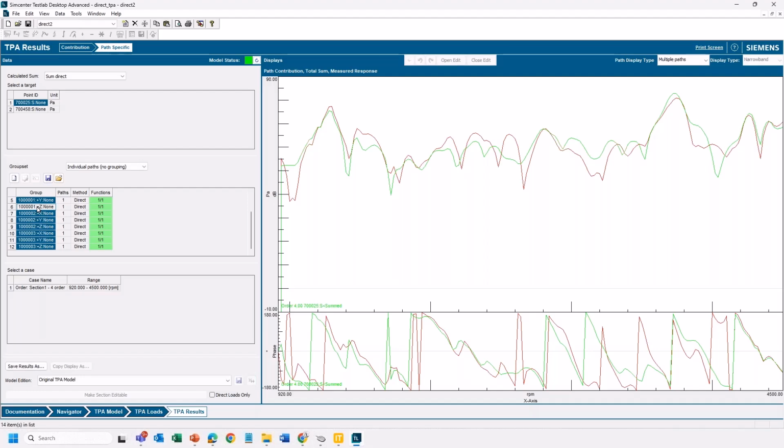I'm doing that virtual disconnect without the danger of my engine falling out. Did I solve the noise problem here? No. No, because the green curve has same peaks or similar peaks to the red curve? Yeah. Yeah, and by the way, it could be that paths were canceling each other. The TPA takes into account phase.